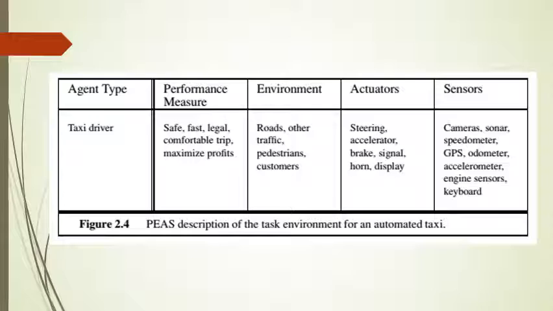What are the actuators? Steering, accelerator, brake, signal, horn, and display are the components which will perform certain tasks or actions. And the sensors are the cameras, the speedometer, the GPS, the accelerometer, and the engine sensors, all of which send data or signals to the car.